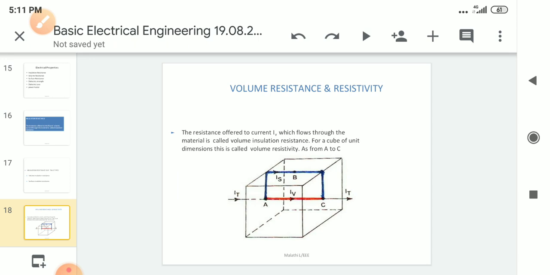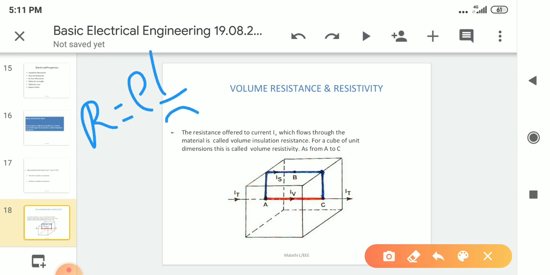According to physics, what is the formula for this? Let's see. R is equal to rho L by A. Right? Here R suffix V is the volume resistance of the material. Rho suffix V is the volume resistivity. L is the length of the material. A is the area of cross section.